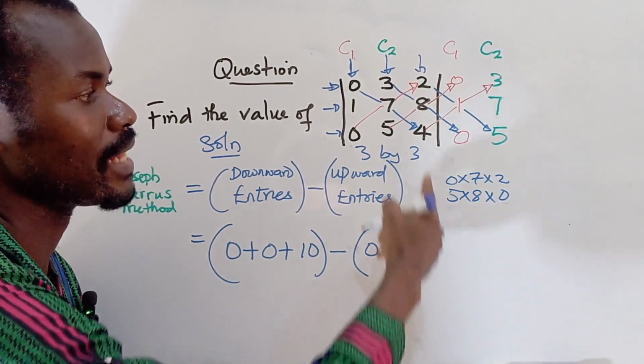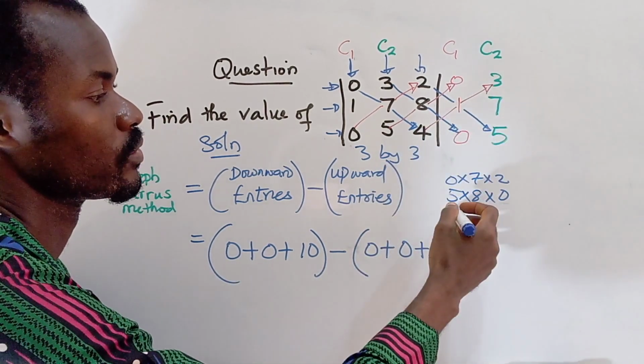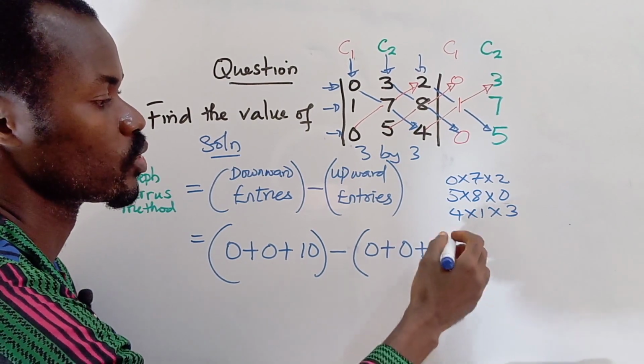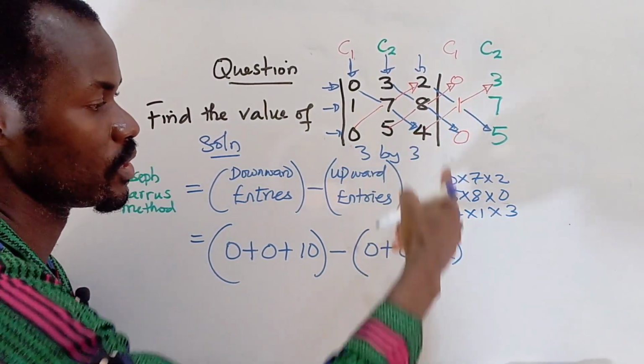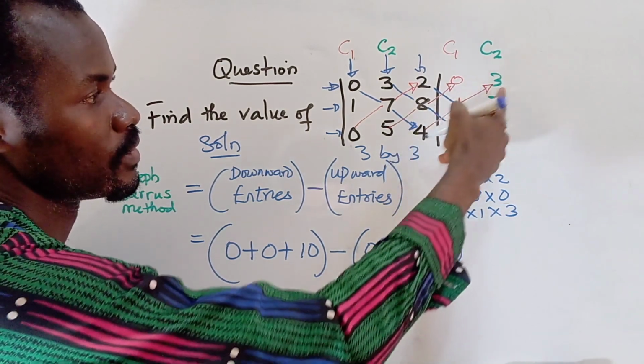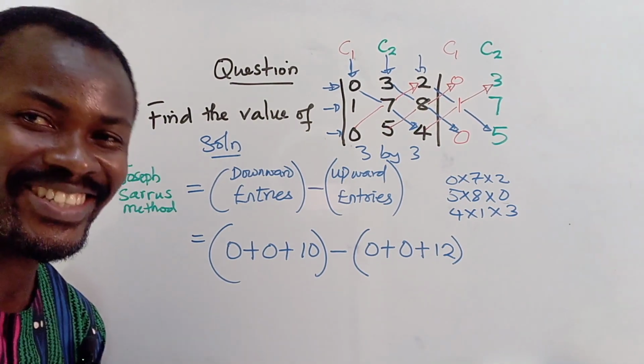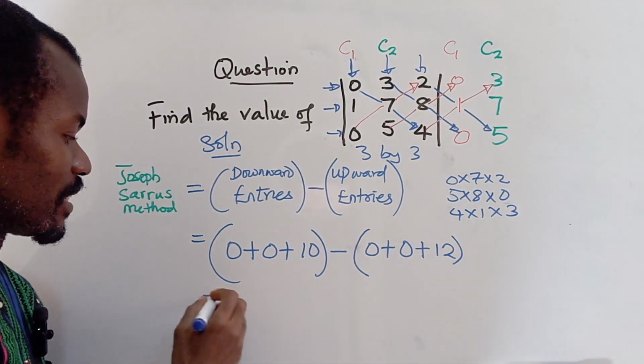Plus, lastly, we have 4 times 1 times 3. 4 times 1 is 4, and 4 times 3 gives us 12. Now that we've gotten the entries, we can get our answer.